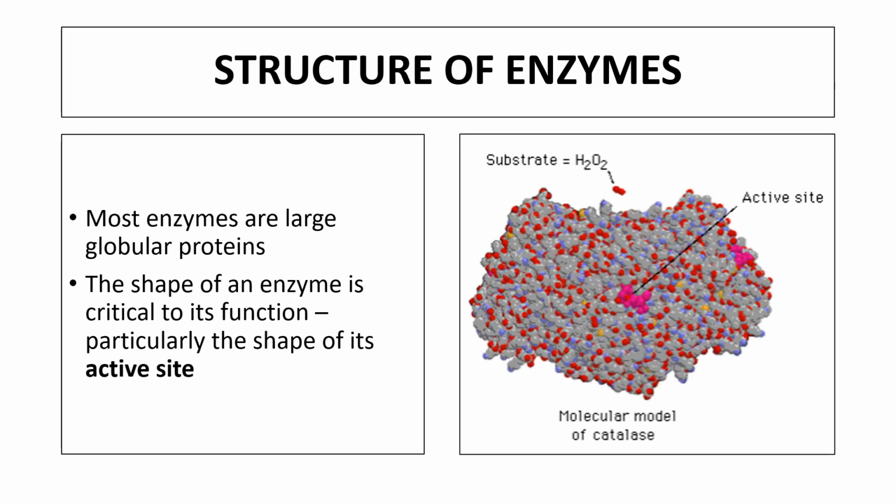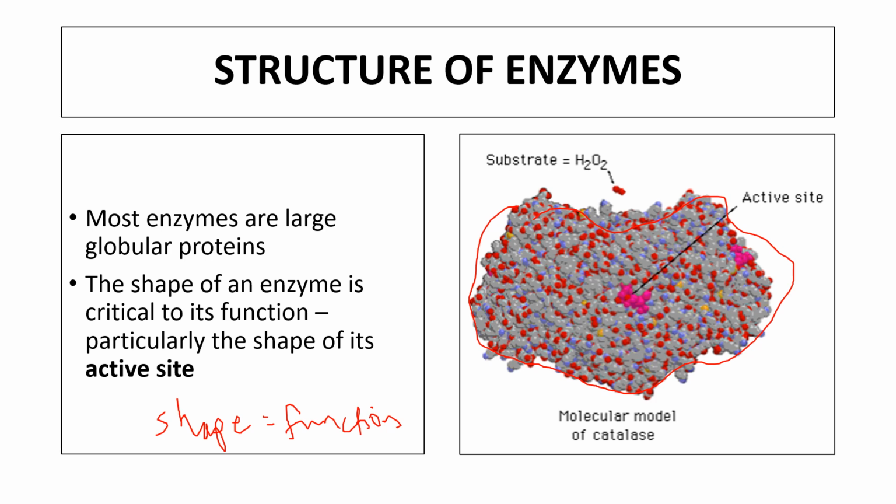So this is the general structure of most enzymes. So like we said, they're soluble and globular. So globular just means this sort of weird globby shape here. Normally tertiary or quaternary structures, which is going back to our protein knowledge. So the shape of an enzyme is critical to its function. So hopefully you remember from area study 1 that shape is so important for function of proteins, and that's why we looked at primary, secondary, tertiary, quaternary structure and how those sequences of amino acids and those interactions are so important for the function.